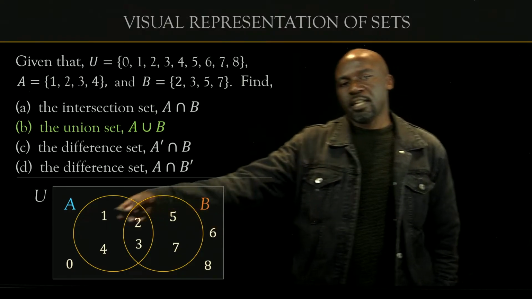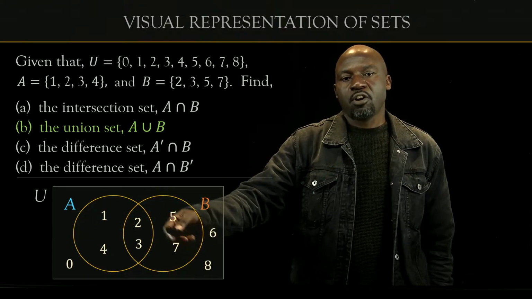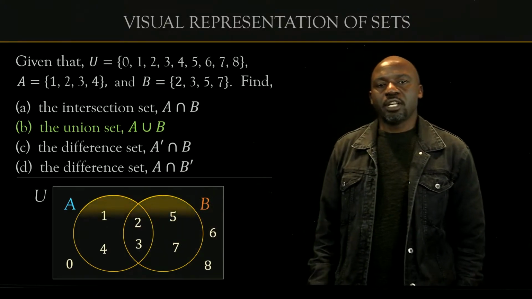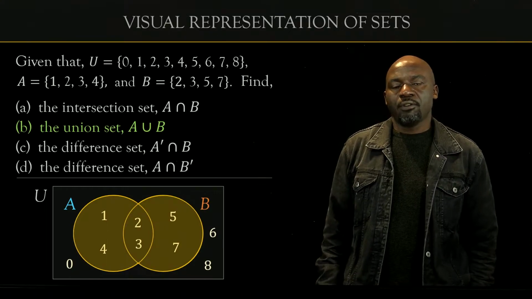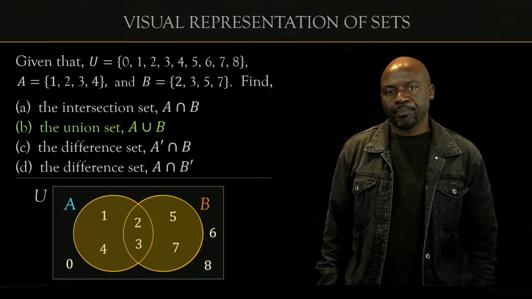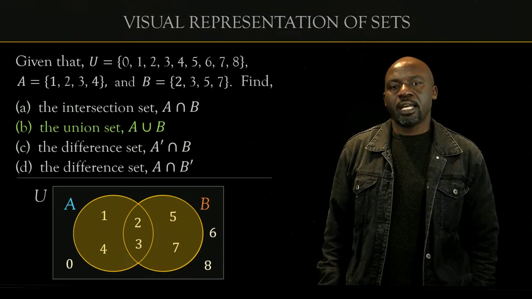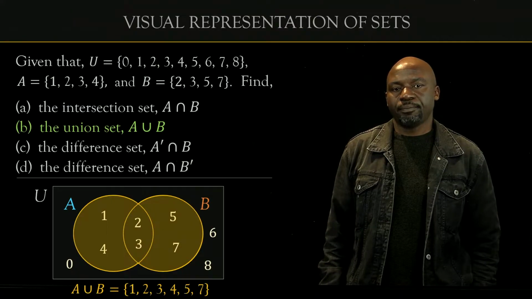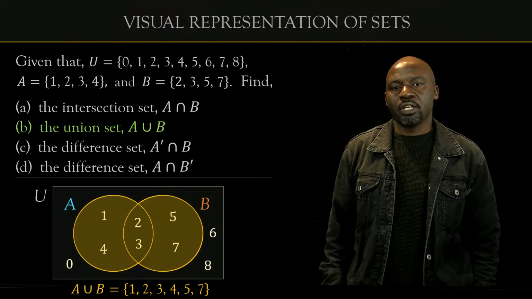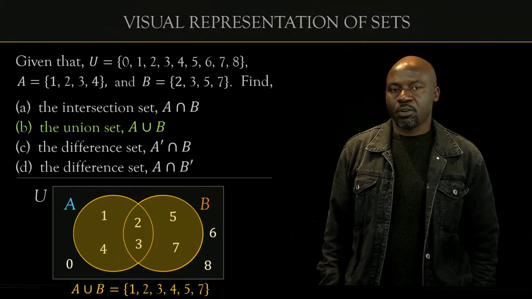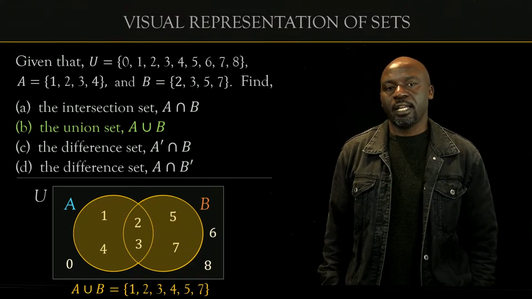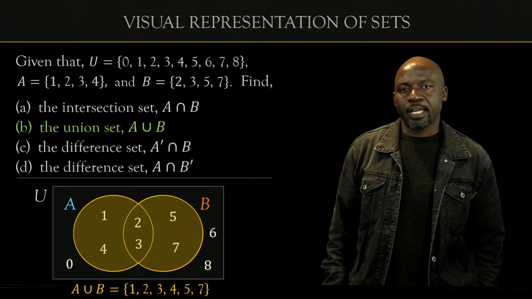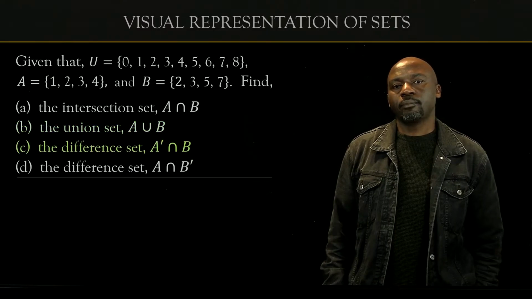So it's either in A or it is in B or it is in both A and B. To do so, that means I shade all the region of A and B and the intersection. And so we can list the elements in the set A union B as given. Notice we leave out 0, 8, and 6 because they do not fall inside A or B or the intersection.